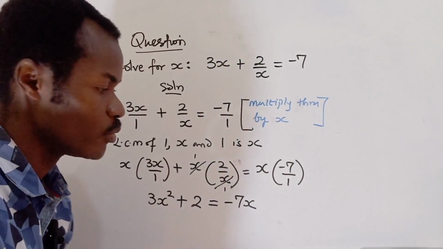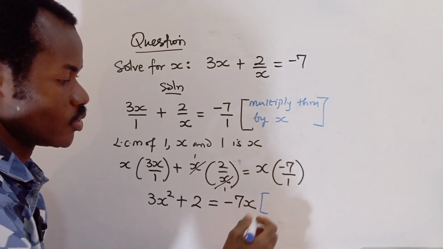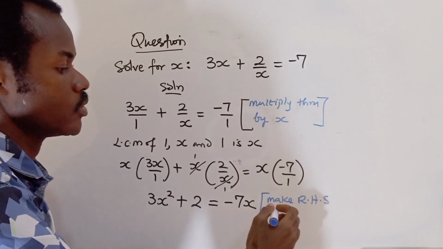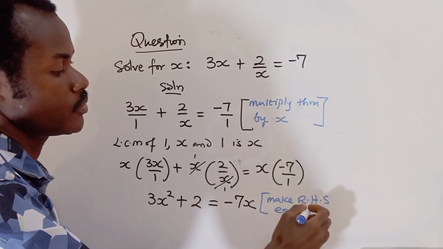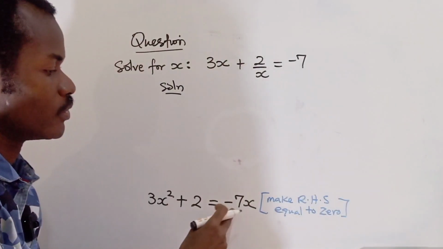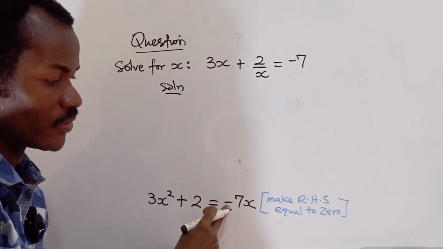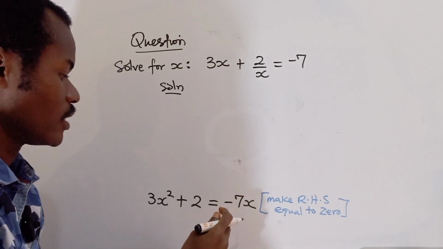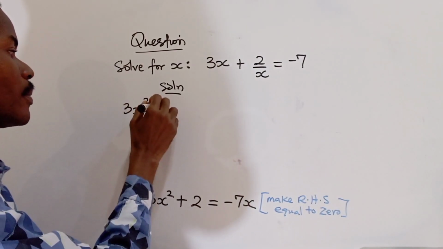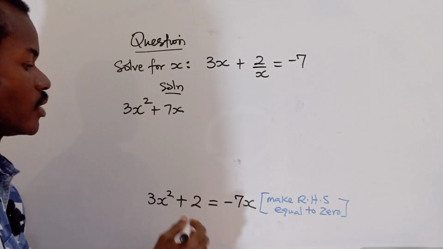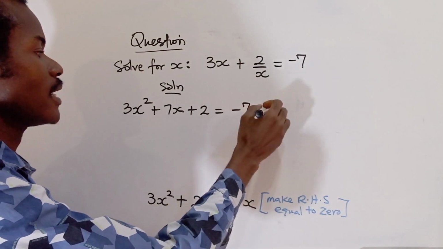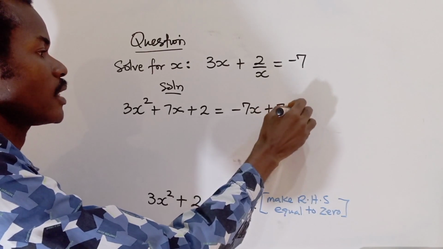Now with that, we want to solve such that we make our right hand side equal to 0. We can simply do that by adding plus 7x to both sides. So I have 3x squared plus 7x plus 2 equals minus 7x plus 7x.